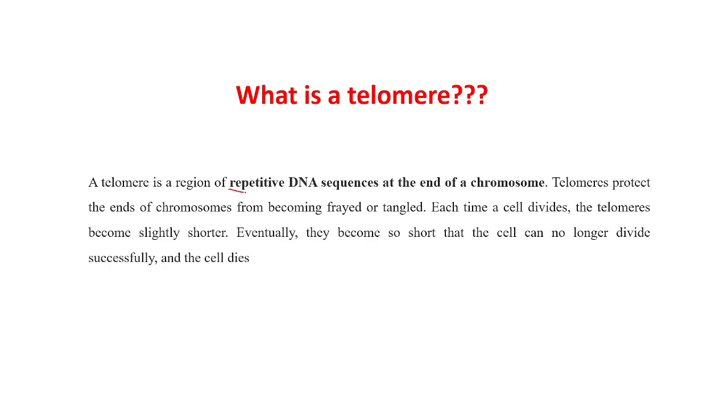Important here is that it is repetitive and it is present at the end of the chromosome. Telomeres protect the ends of the chromosome from becoming frayed or tangled. Each time a cell divides, the telomeres become slightly shorter. Eventually, they become so short that the cell can no longer divide successfully and the cell dies.